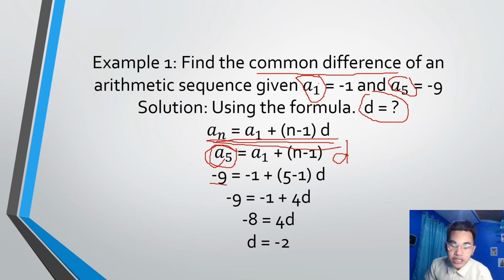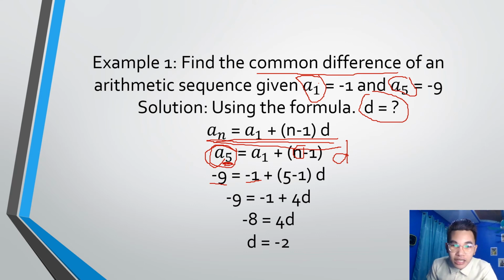Unya, si a sub 1, ang first term is negative 1, imo na pong i-substitute dire. Unya, kaning naa sa ubos ni a sub 5, mao na ikiputang nimo dire ni n. So, minus 1 times d.